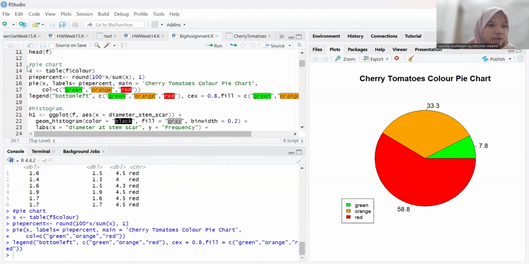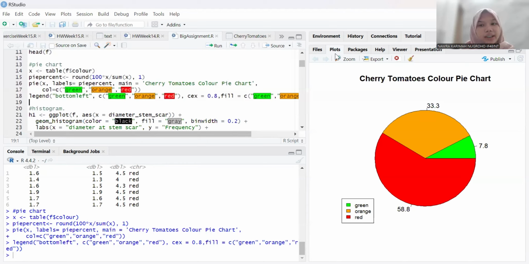Okay, so this code is supposed to display the pie chart of the color for each cherry tomato. The reason why I displayed this is to understand the percentage of each color.